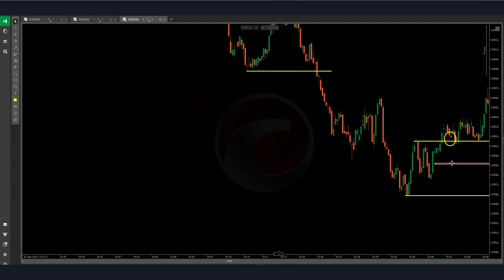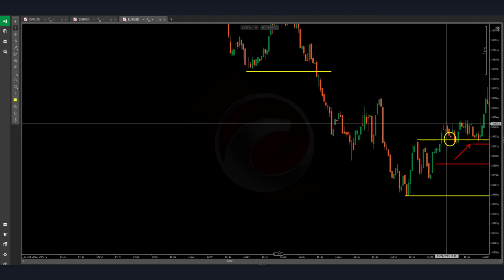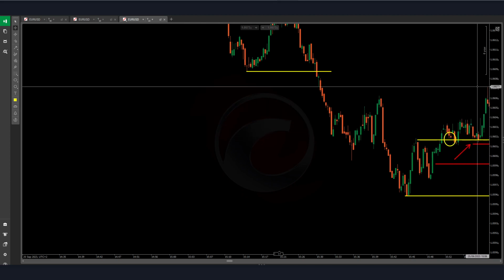Now, yes, as you can see, now we are running basically risk-free. So this was a stop loss, that was the entry. So we are basically now running risk-free. We move the stop loss above. And we're now basically risking 0.7 pips, and we are up like 5 pips.